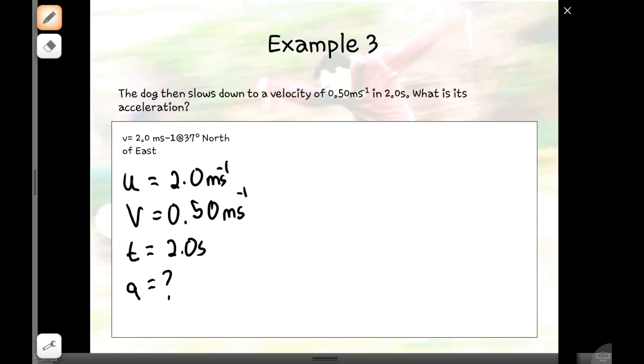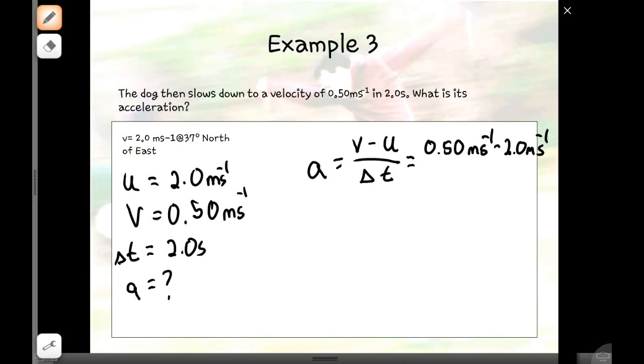So I'm going to look at this. Acceleration equals my final velocity, which is v, minus my initial velocity, which is u, divided by delta t. Okay, and this is actually delta t. It's the time period. So my final velocity is 0.50 m s^-1, minus my initial velocity, which is 2.0 m s^-1, and all of that divided by 2.0 seconds.